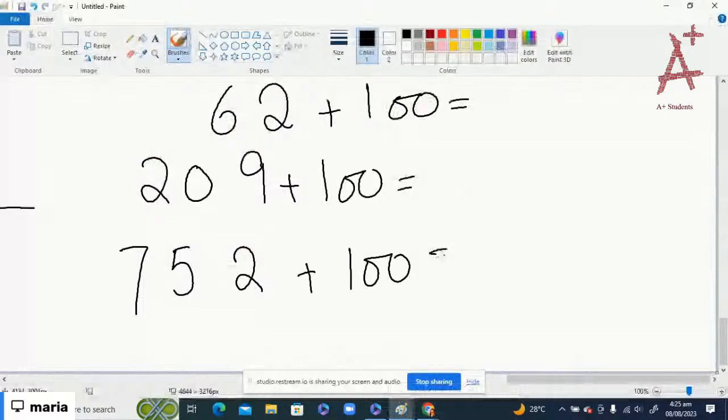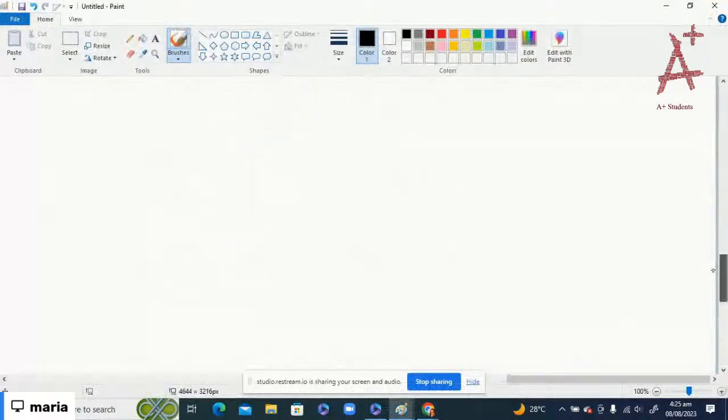62 with 100. I'm going to write it here. 62. First of all, I'm just gonna write 100. Where do we start when putting 62? Ones is always in the ones place.